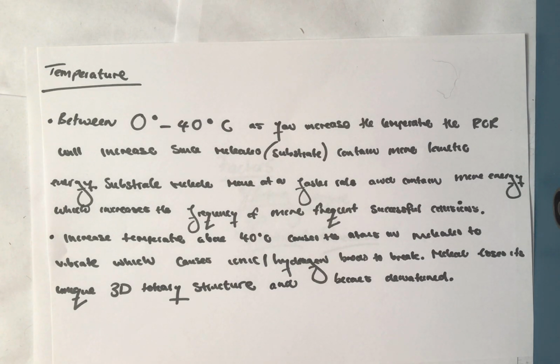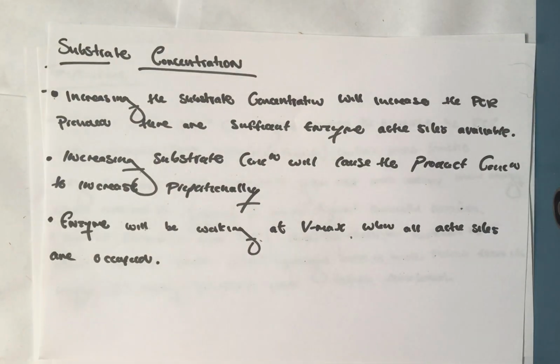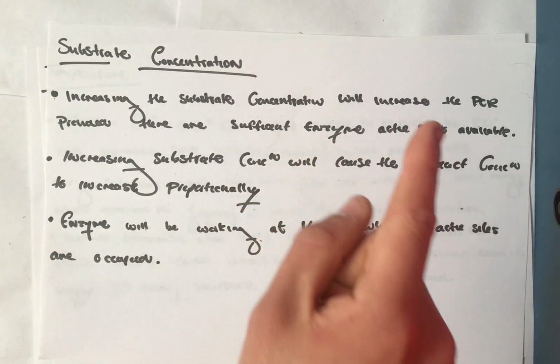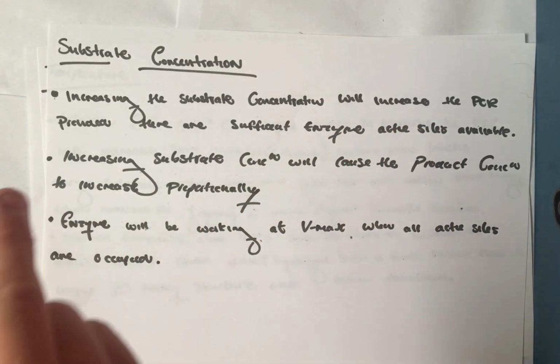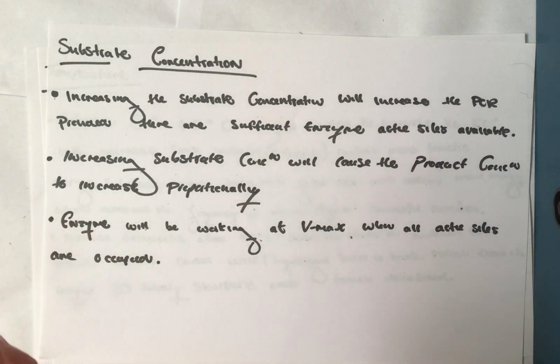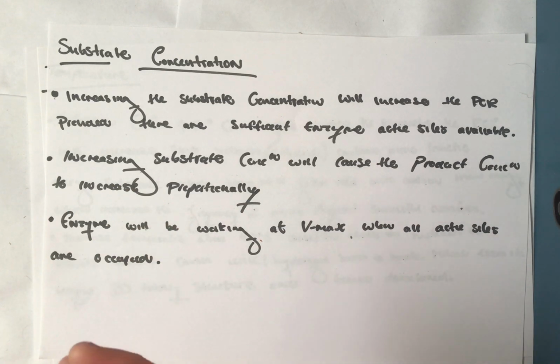The next factor we have is substrate concentration. Increasing the substrate concentration will increase the rate of reaction provided there are sufficient enzyme active sites available. This just means if you increase the substrate concentration and there are excess enzymes which aren't bound to any other substrate, this will increase the rate of reaction.